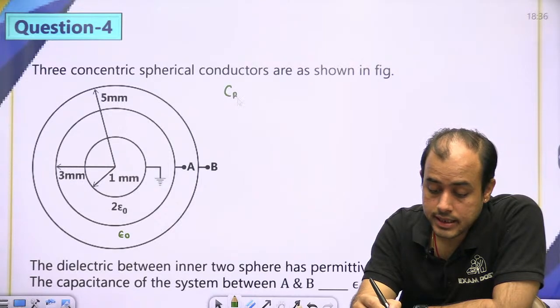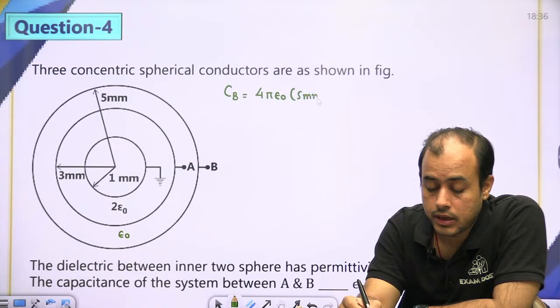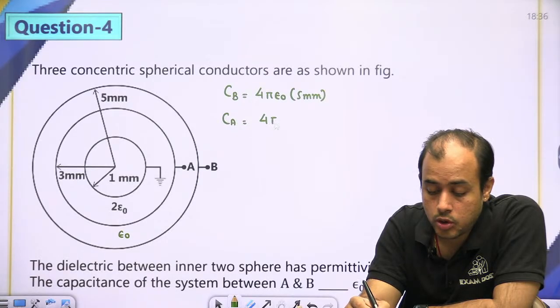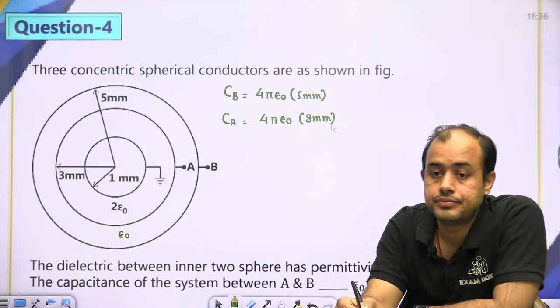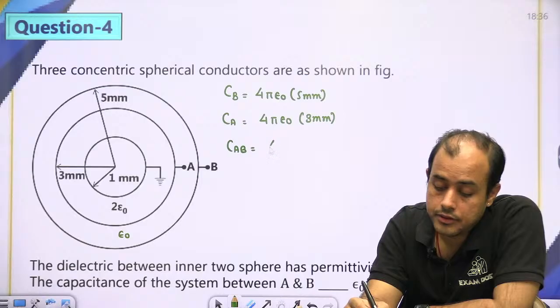Okay, so let's do one thing. The capacitance of the outer spherical shell 4 pi epsilon naught 5 mm, capacitance of the inner spherical shell 4 pi epsilon naught 3 mm. Okay, but what about CAB? 4 pi epsilon naught.